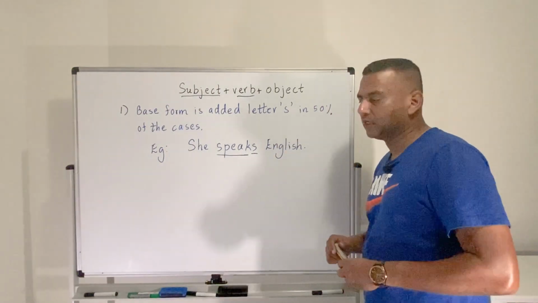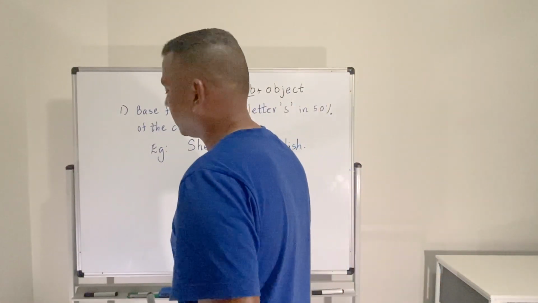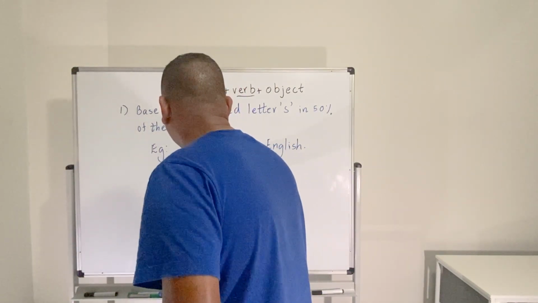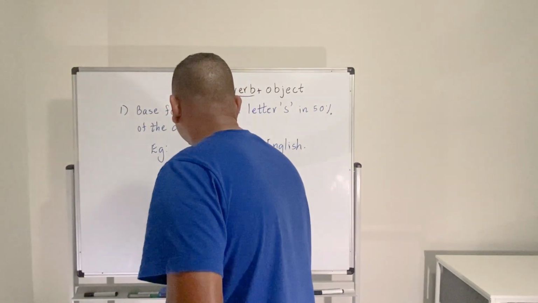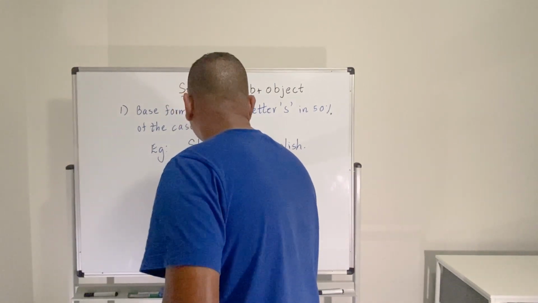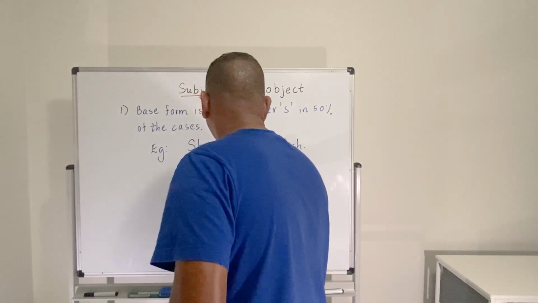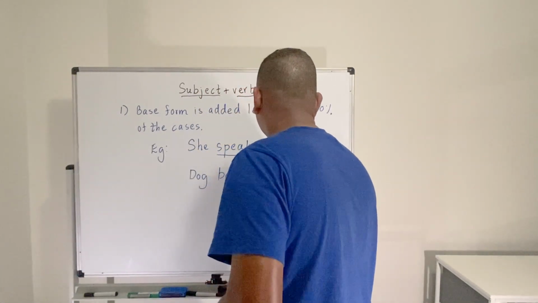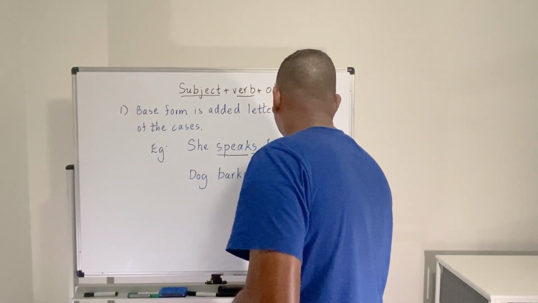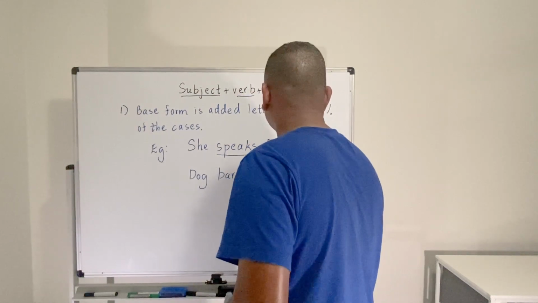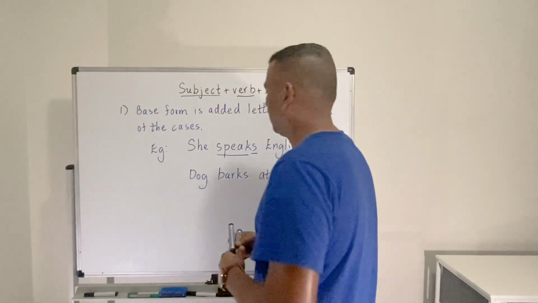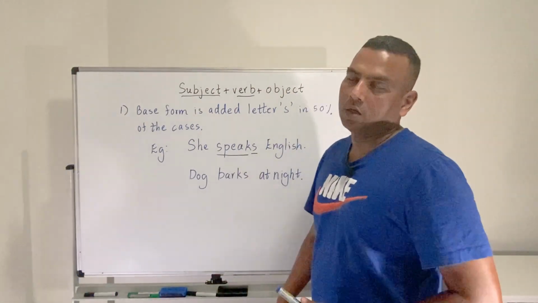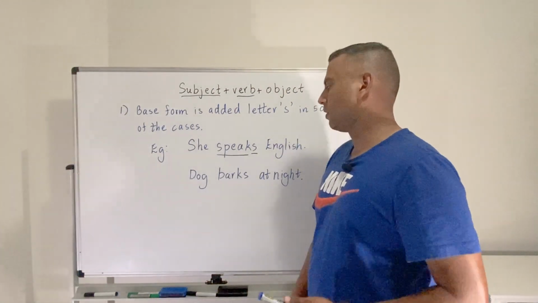She speaks English. And second example, we can say, dog barks at night. So here now I told you instead of it we can also use the name of an animal.